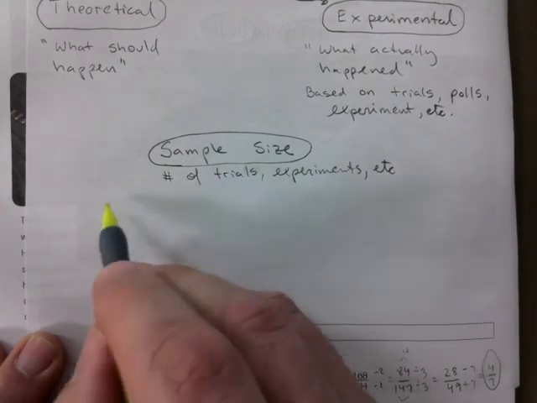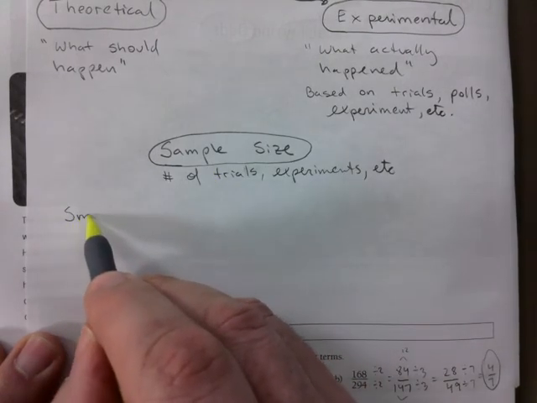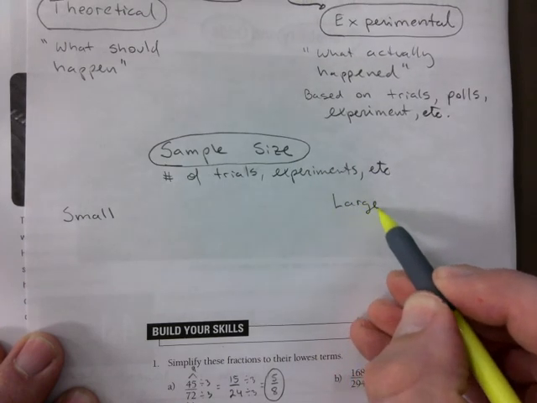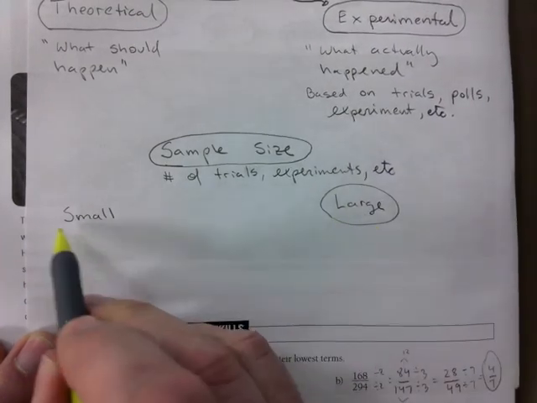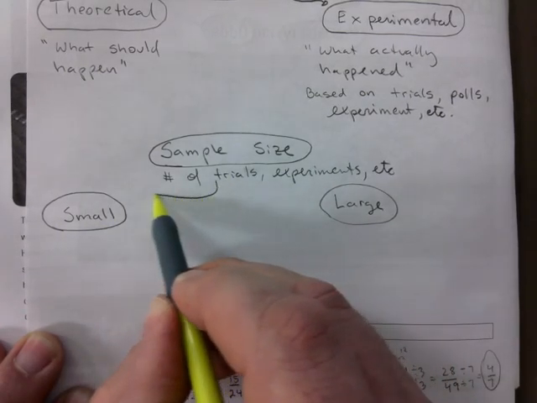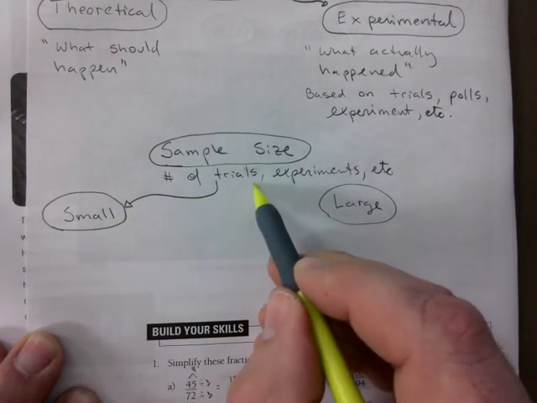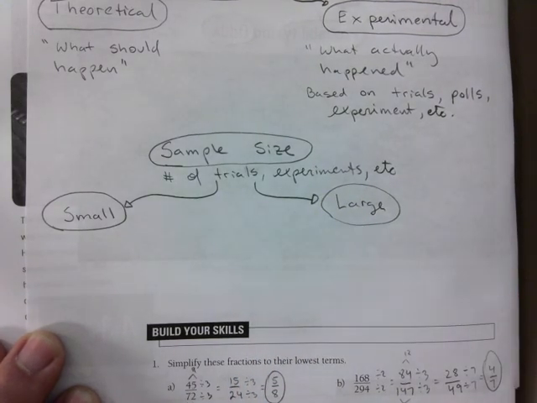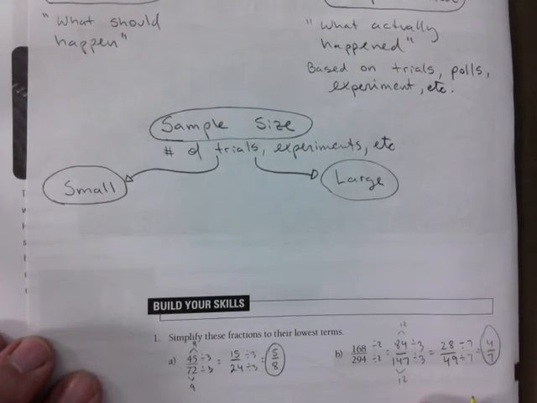Sample size. If you have a small sample size versus a large sample size, it makes a difference. Okay? So if your sample size is small, something is going to be true. If you increase the sample size, or if you increase the number of people you ask, something else is going to be true.